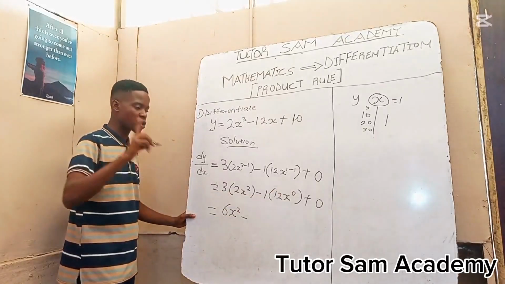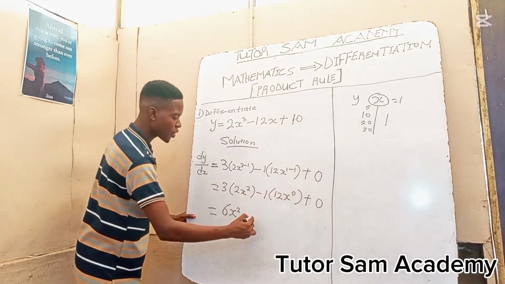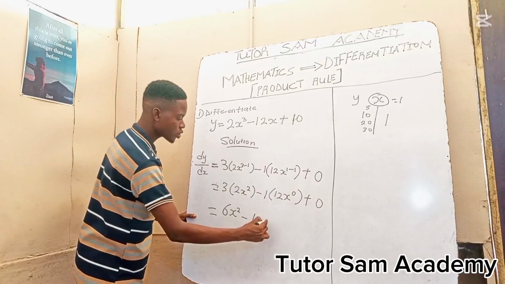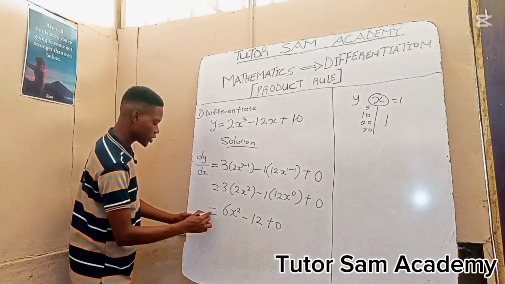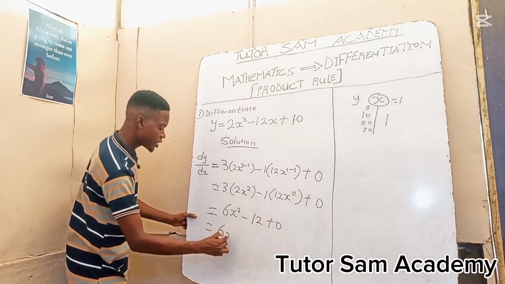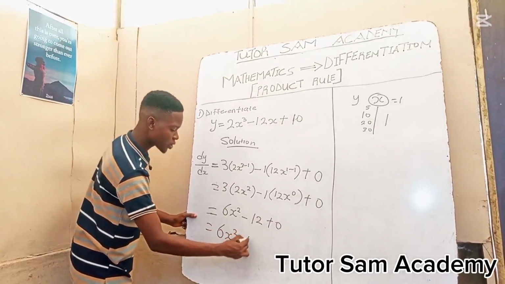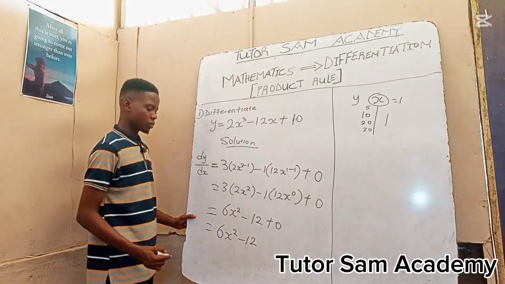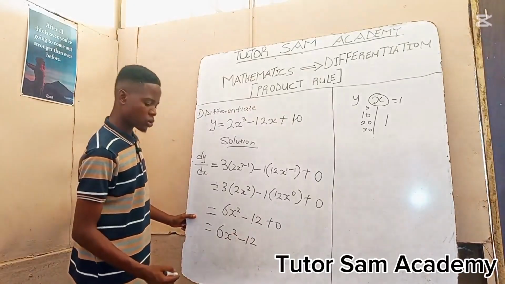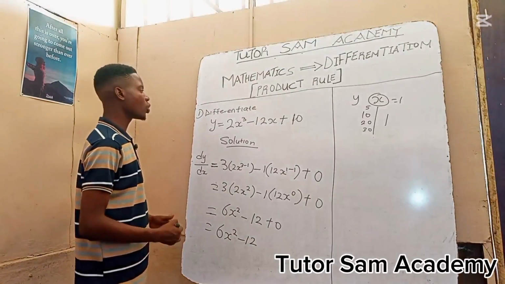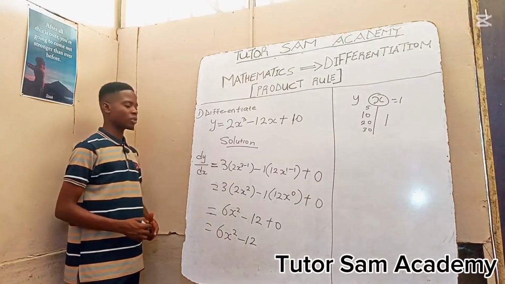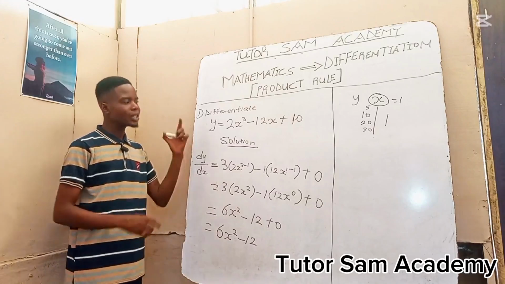Anything raised to the power of 0 is always 1. So 1 multiplied by 12 is 12, plus 0. So the final answer is 6x squared minus 12. This is the final answer. So this is how you differentiate.